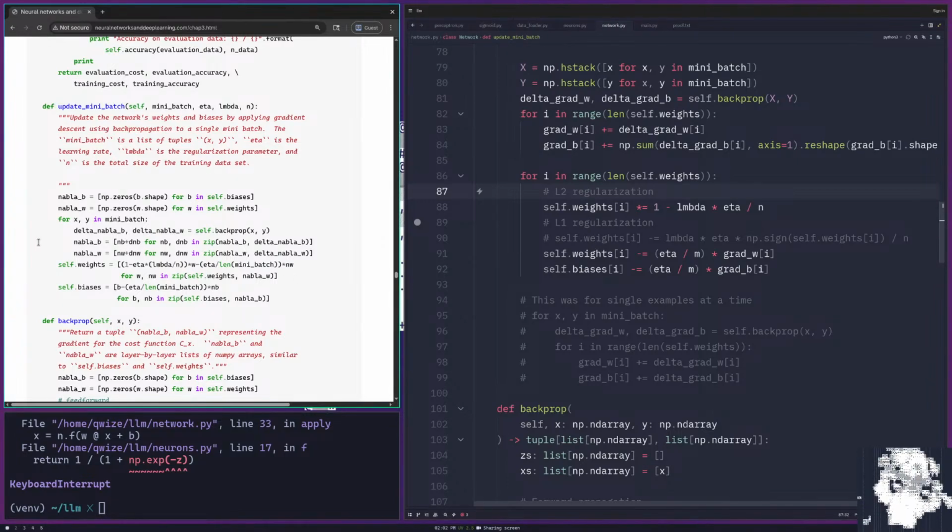And the other weird thing is, well, I guess it's not that weird, but he's not updating the weights in place like I'm doing with the times equals and the minus equals. He's zipping what they used to be with the deltas and then summing those things together, which I think is harder to read, but whatever.